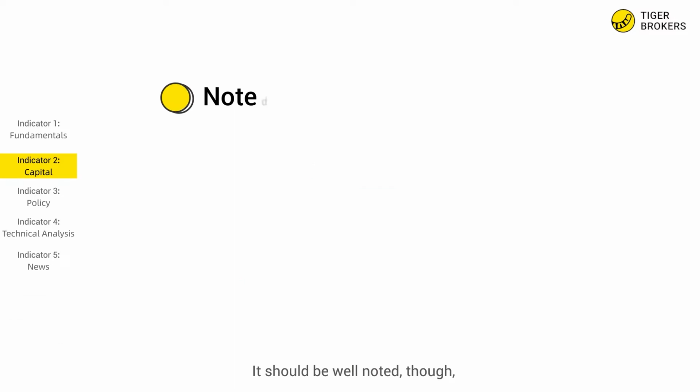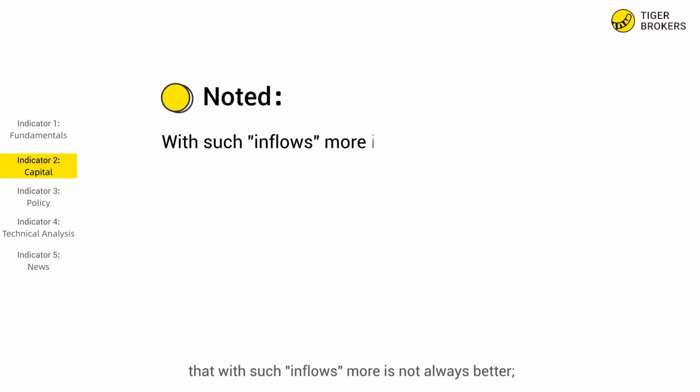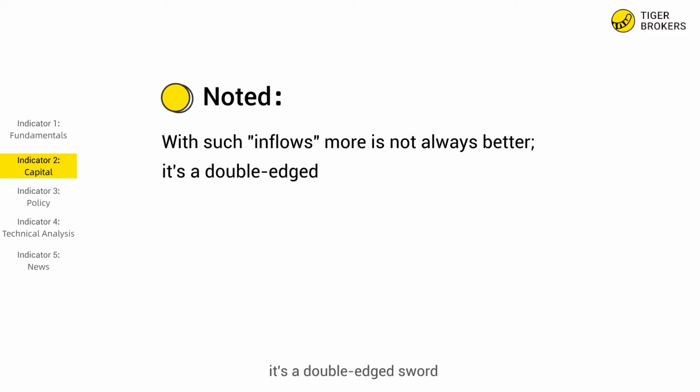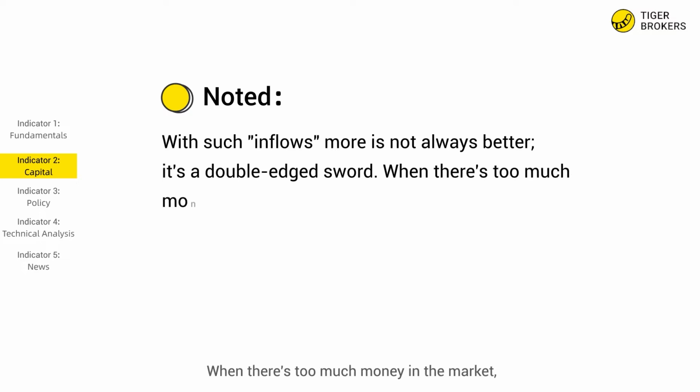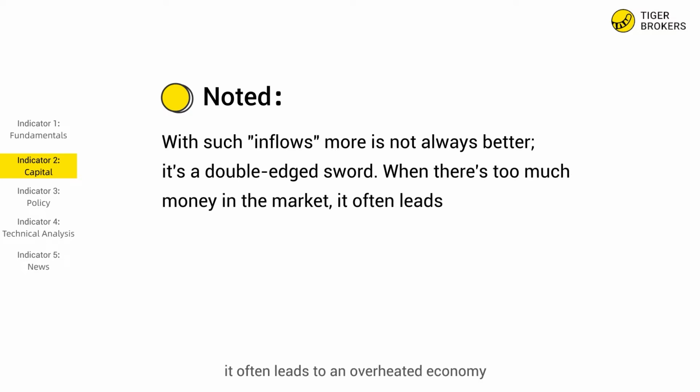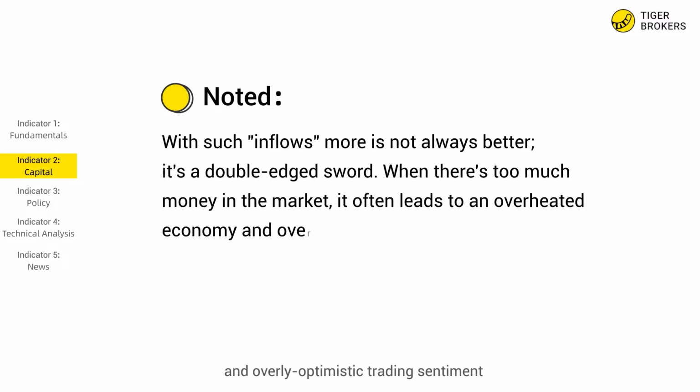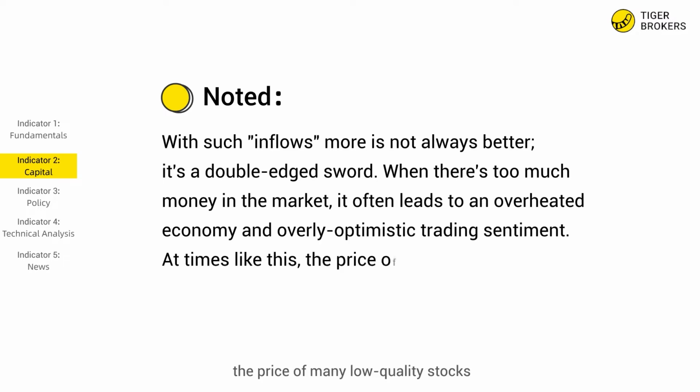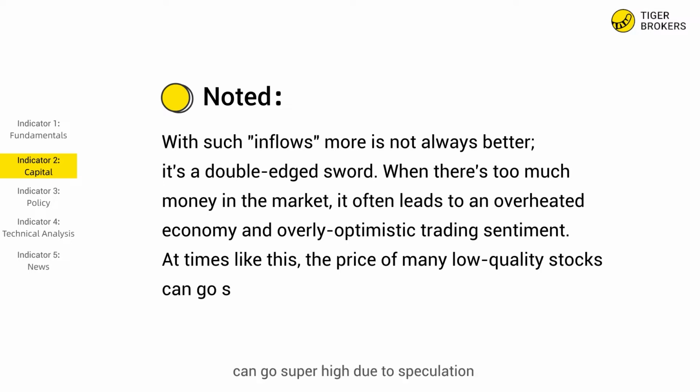It should be well noted, though, that with such inflows more is not always better. It's a double-edged sword. When there's too much money in the market, it often leads to an overheated economy and overly optimistic trading sentiment. At times like this, the price of many low-quality stocks can go super high due to speculation.